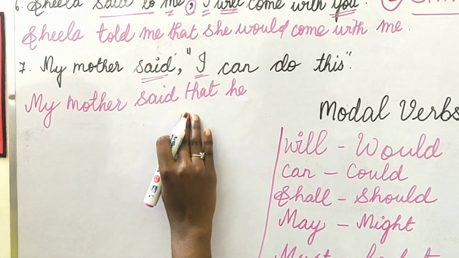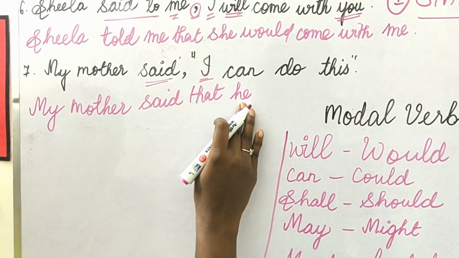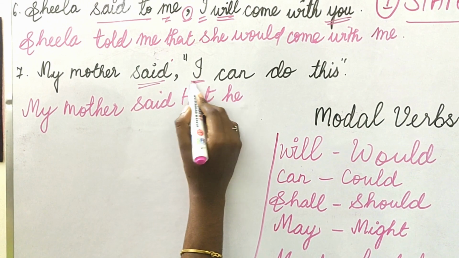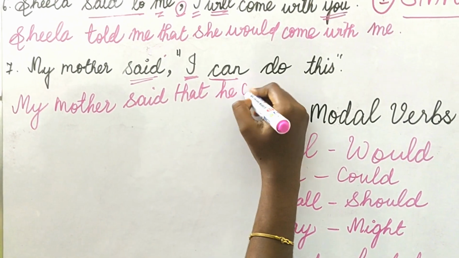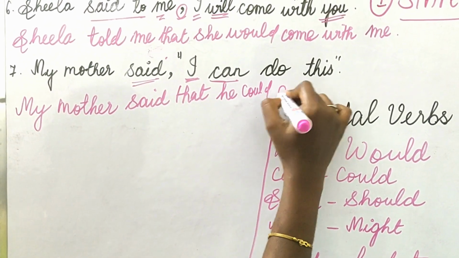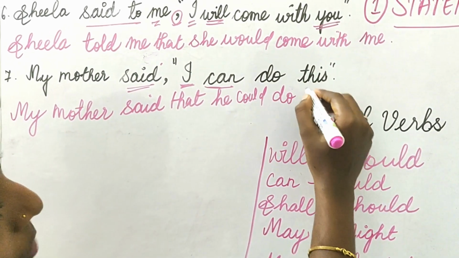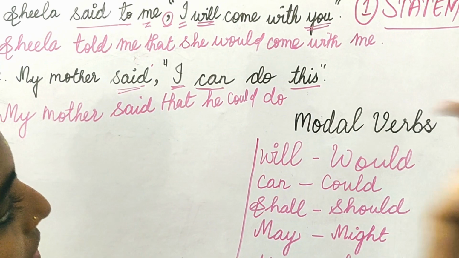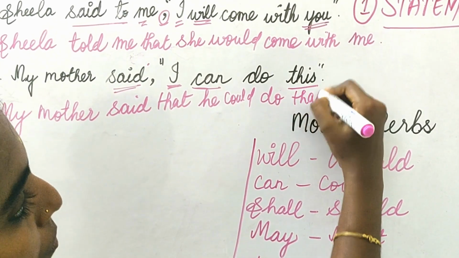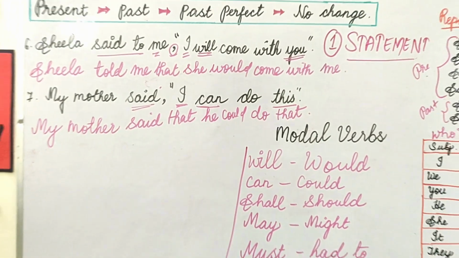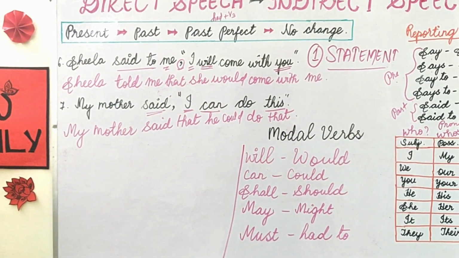It can be he or she, so I have taken he here. My mother said that he can, past tense is what? He could do. This is an adverbial. Previously I have given you a table. This will be changed to that. So he could do that. Understood?